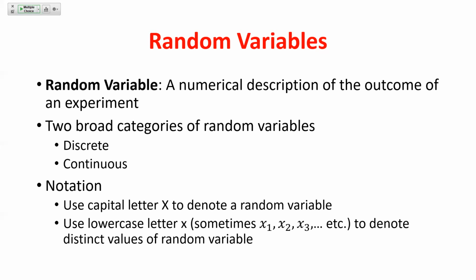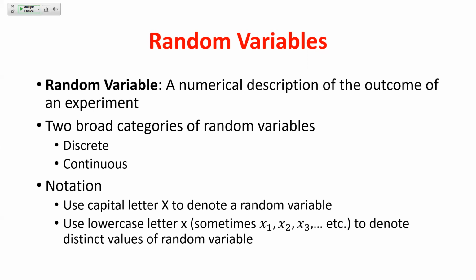So this might be like if I ask someone the number of people in your household, right? That capital X could take on the value of 1, 2, 3, 4, all the way up to whatever the largest family size is, right? So if I'm asking someone, I don't know what their response is going to be yet for the number of people in their household, but I know it's going to be somewhere between 1 and whatever the largest family ever has been. Right?